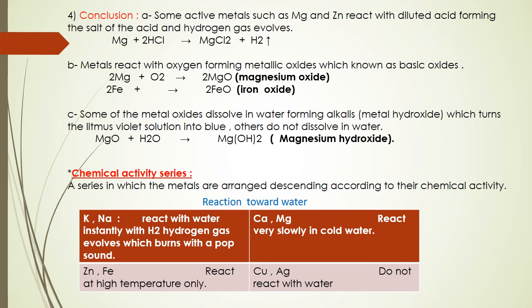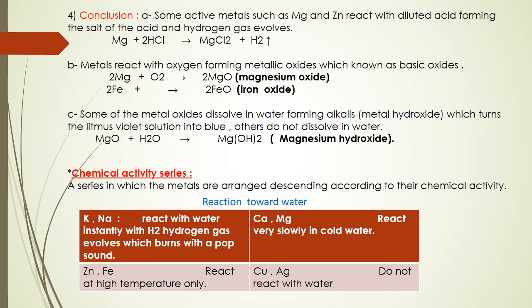Then we note another property of metals, the chemical activity series. What is meant by chemical activity series? That means we arrange the metals in descending order according to the reaction of the metal with water.